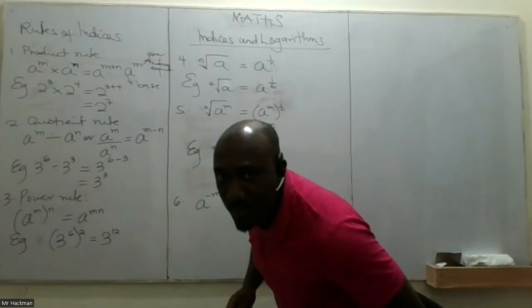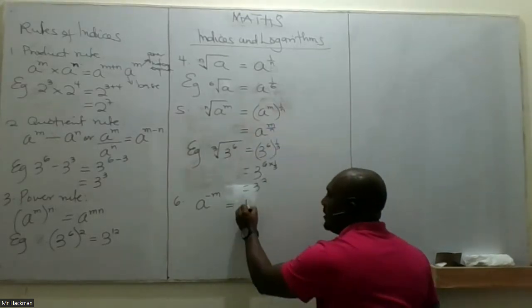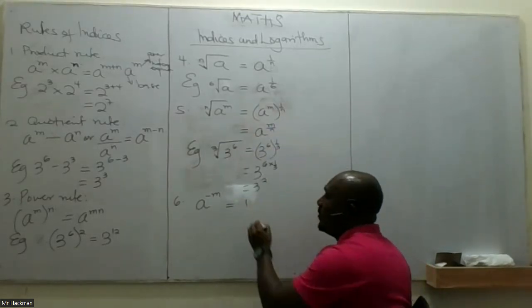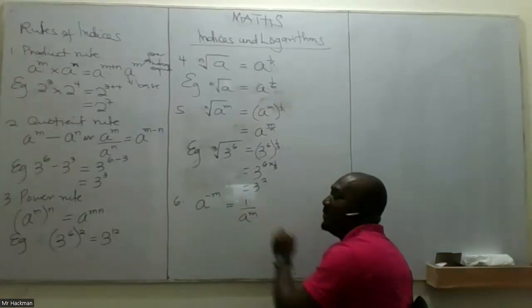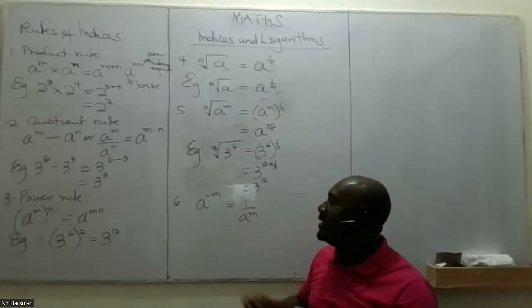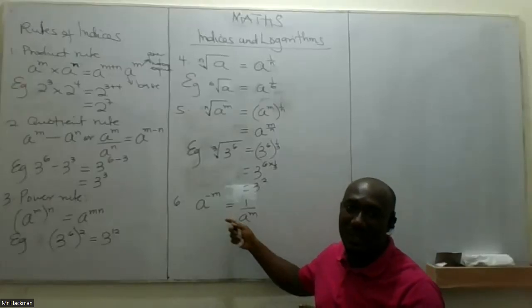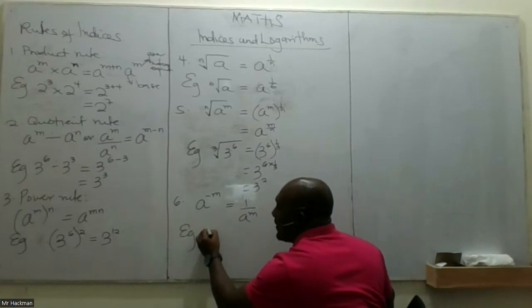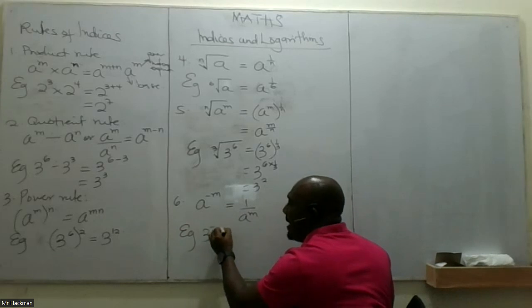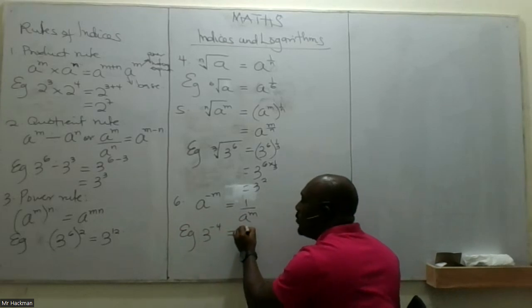Anytime you see a negative exponent, it is 1 over a raised to the power m. So this will be the rule for the negative exponent. For example, if I have 3 to the power minus 4, this is equal to 1 over 3 to the power 4.